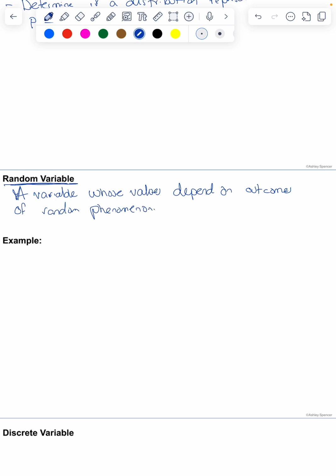A random variable is a function in algebra, or it could be represented with a function. So when we say it is a function, that means if you graph it, it will pass the vertical line test. Okay, it's just a small note.